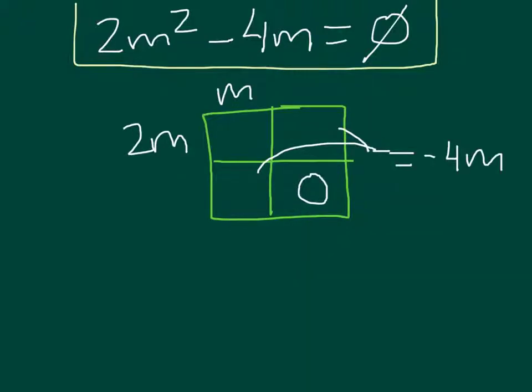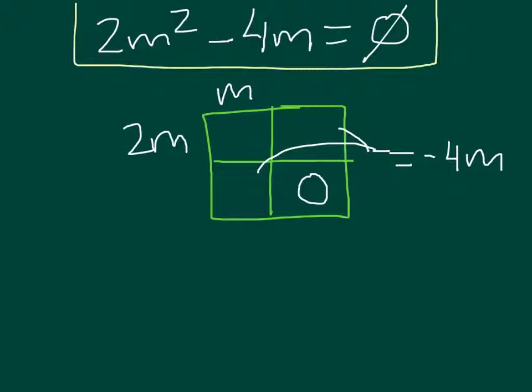So then you can figure out that in order to get 0, you need to figure out what numbers multiply to 0 and add to negative 4.